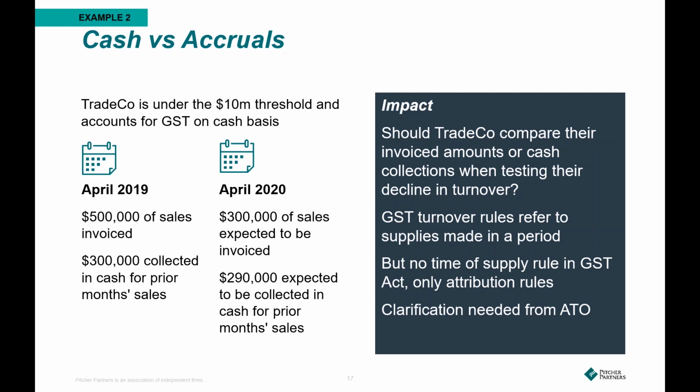Because based on their sales, if their sales have held up, they may well have exceeded the relevant threshold, as can be seen in this example, but those sales on an invoice basis may not be relevant for the purposes of the test. So we will have to wait for guidance from the ATO on that, and as I said, there are a large number of entities that are waiting with bated breath for that guidance to determine how they should be calculating their GST turnover.